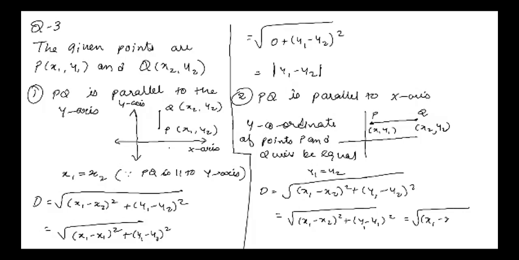So I am left with mod x1 minus x2. So this is the distance between points P and Q if PQ is parallel to the x-axis, that is mod x1 minus x2. Again, I am taking mod because this represents distance, and distance is never negative. So I have to take mod.